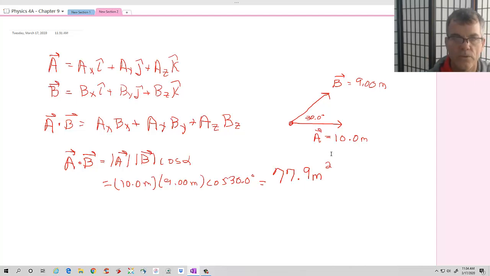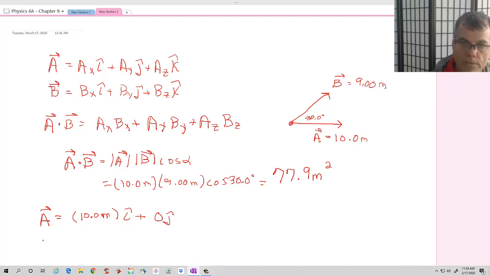Now let's look at this using ijk notation. So vector A, in this case, it's just going to be 10 meters in the i direction. There is no y component. Vector B, in this case, the x component of B points to the right, it's positive.